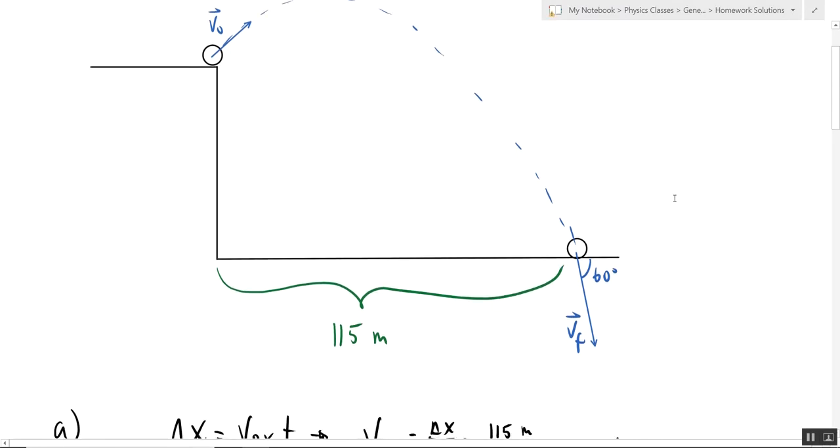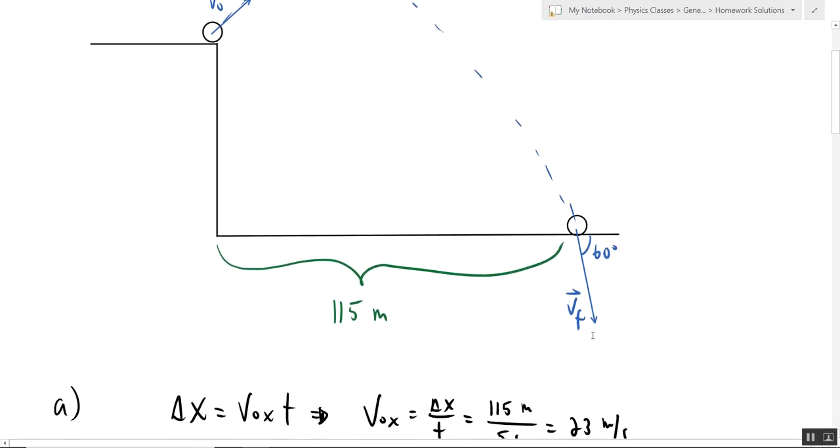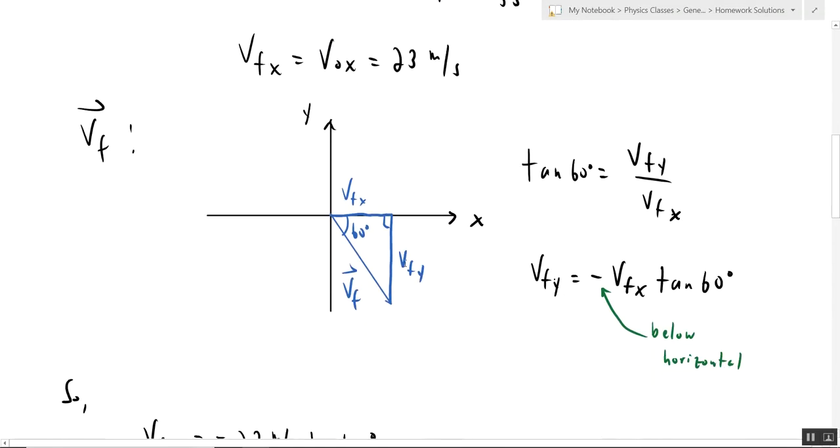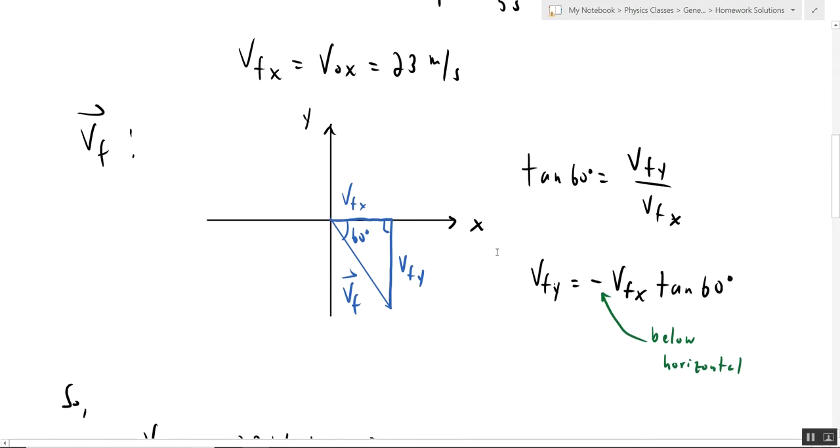So what are the key things here? One, if you're given an angle, you might want to look at that to relate the x and y components of the velocity to one another at that angle.